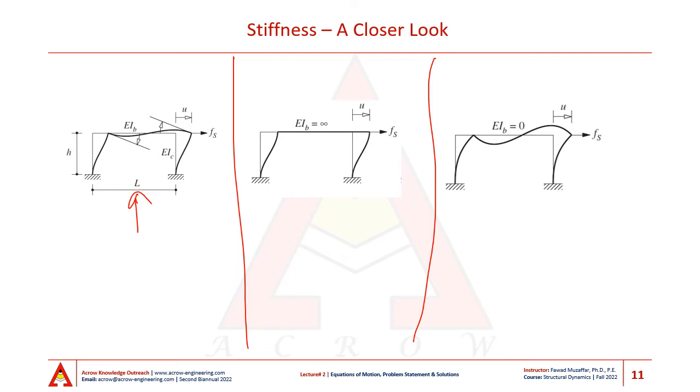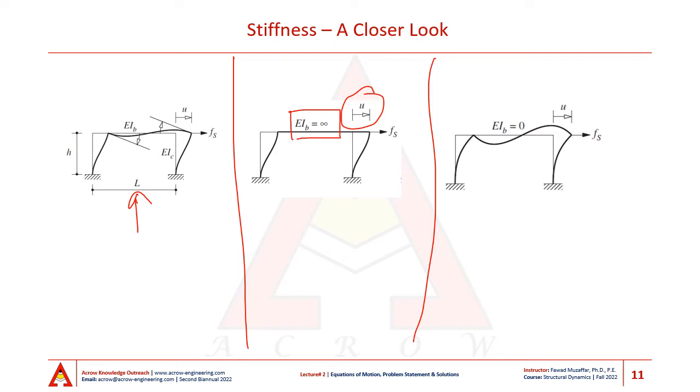But occasionally, we can have a frame that has its beams infinitely rigid flexurally, and therefore when the frame is displaced to the right or left, the columns are bent in double curvature.